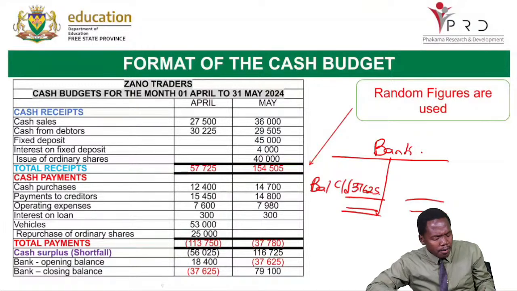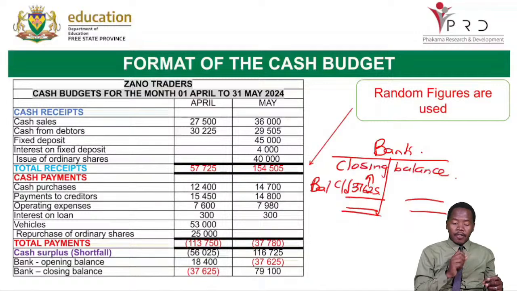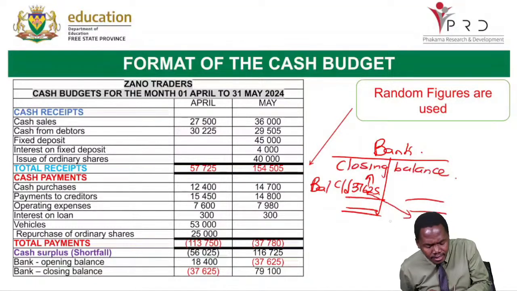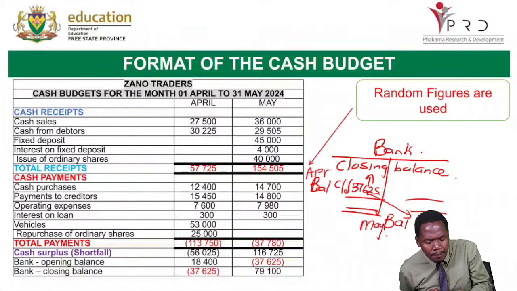Remember, balance carried down means your closing balance for the bank. Okay? Now, if your balance carried down is on the debit side, it must be moved to the credit side, and then it's going to be balance brought down. And which month will this one have? It will have now May. This one had April 30.